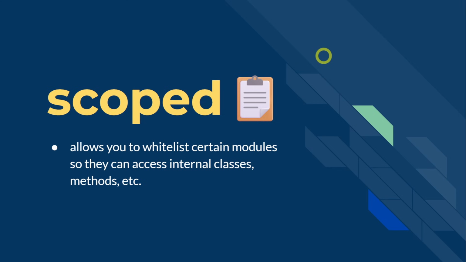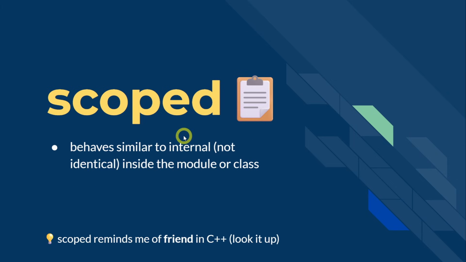Last access level is scoped, and scoped allows you to whitelist certain modules so they can access internal classes, methods, etc. So if you're familiar with friend in C++, if you're coming from Unreal Engine, which I know many of you aren't, maybe you know it from other languages as well, it behaves similar to that, and it's a lot like internal.